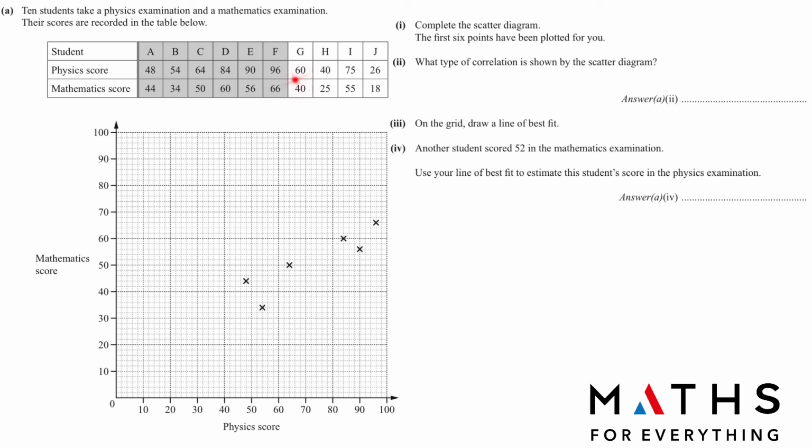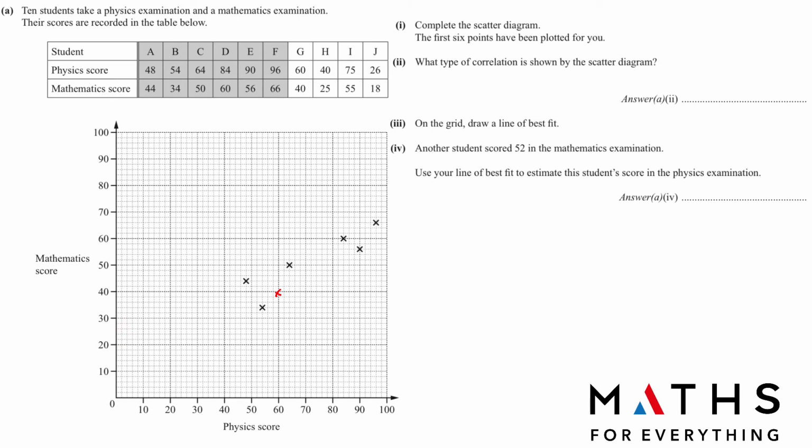Now, when physics is 60, maths is 4. That point is going to be here. Physics is 60 and maths is 4. Then we have when physics is 40, maths is 25. The physics one is here and maths is, for every one line we are taking it as 2 points, okay?